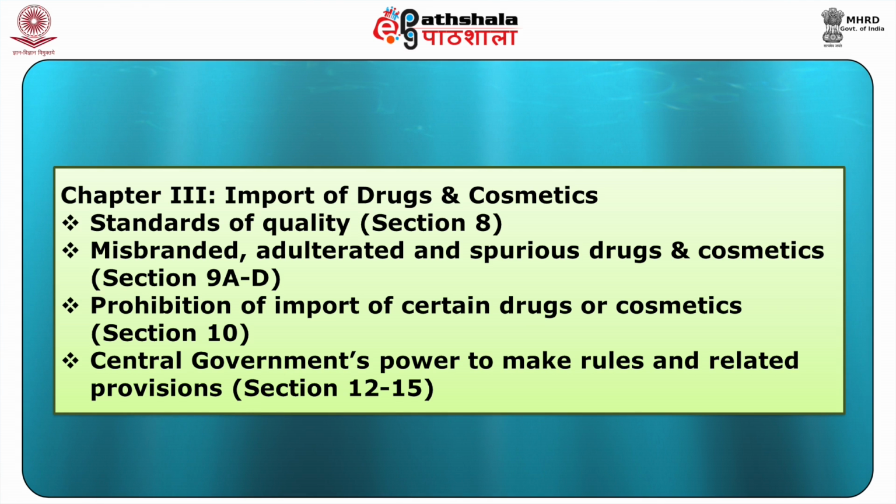Sections 9A to D deal with misbranded, adulterated and spurious drugs and cosmetics. Section 10 deals with the prohibition of import of certain drugs or cosmetics. Sections 12 to 15 deal with the central government's power to make rules and related provisions.